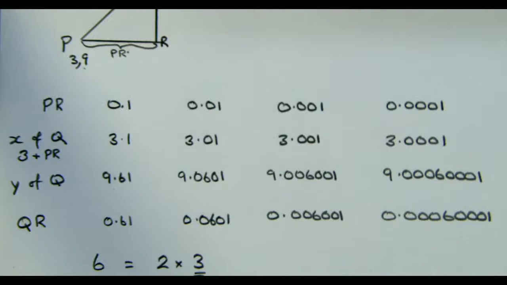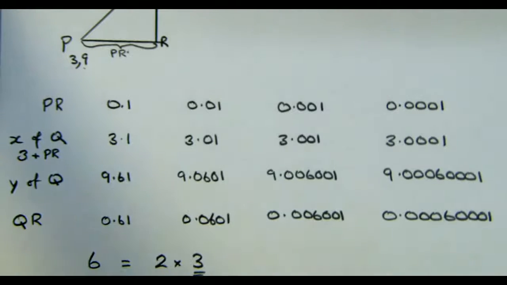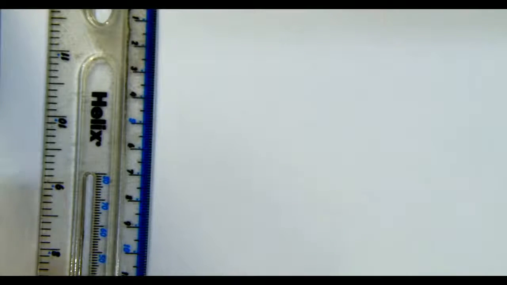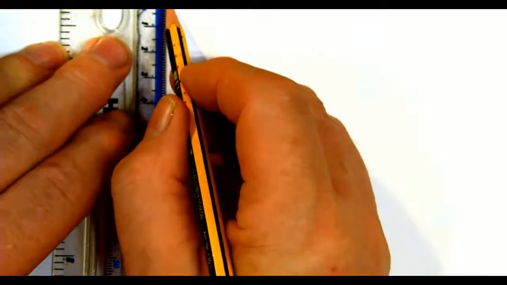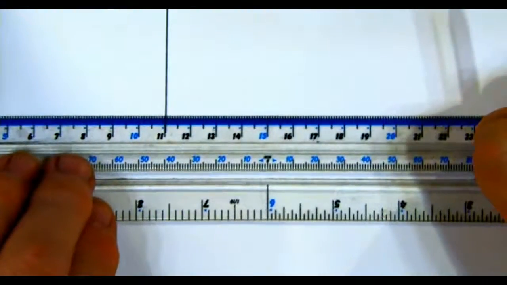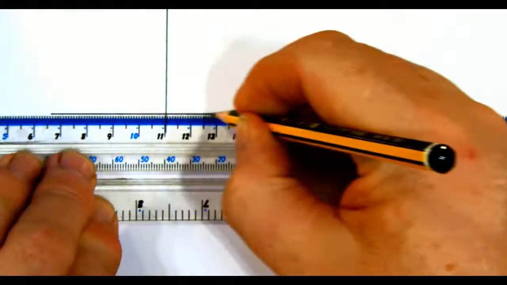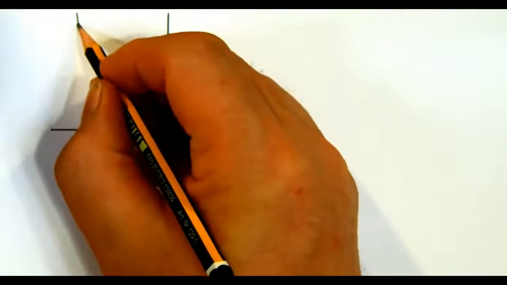Well, let's see what we can do about doing this in general. So let's have a look at this as a more generalized equation. Let's draw in my graph, and let's draw in my x squared graph.